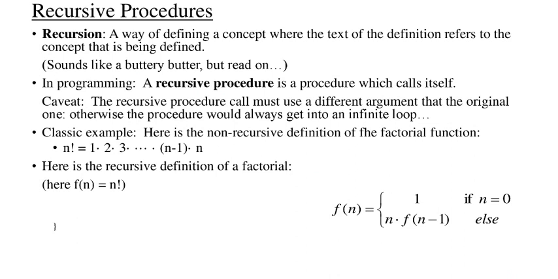As per that, recursion is a way of defining a concept where the text of the definition refers to the concept that is being defined. That's in general. But coming to programming, please focus here. In programming, a recursive procedure is a procedure which calls itself.